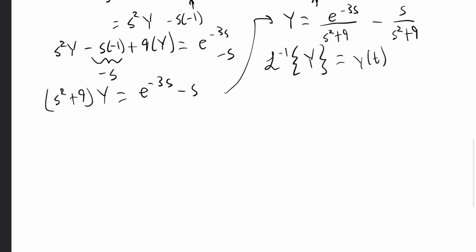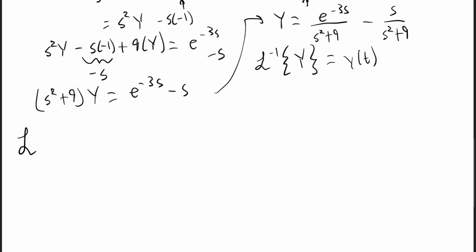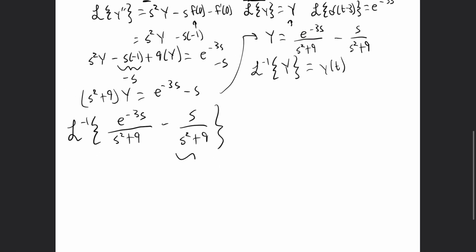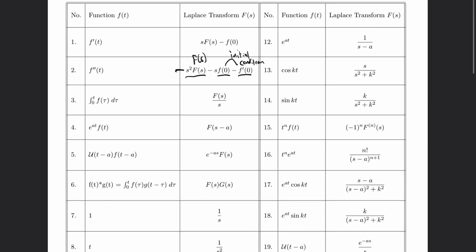So let's take a look at that. We have the Laplace inverse of e to the negative 3s over s squared plus 9 minus s over s squared plus 9. Something we can pick out really quickly is this looks like the form cosine of kt. And I'll show you that on the equation sheet. s over s squared plus k squared.